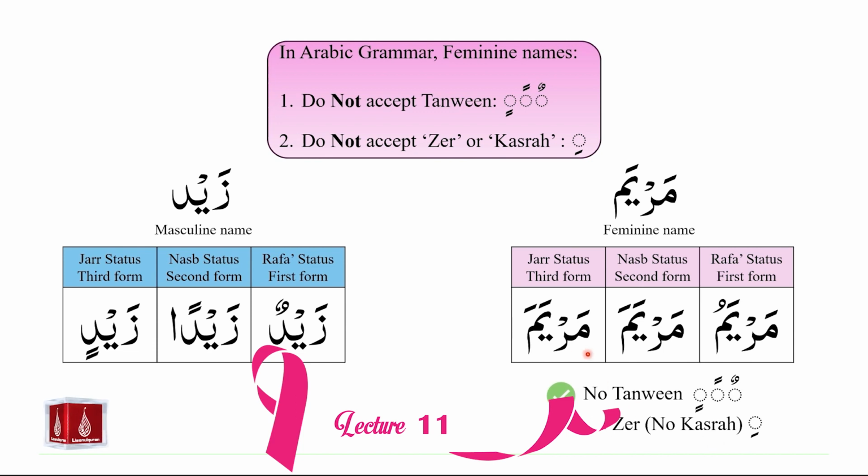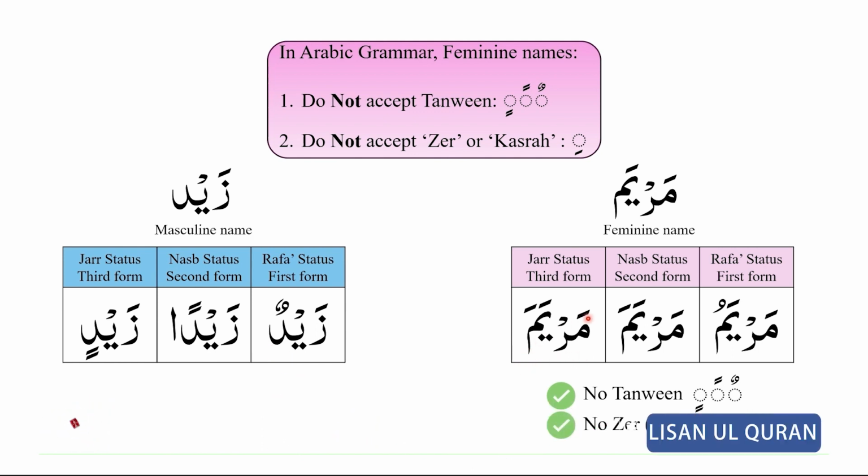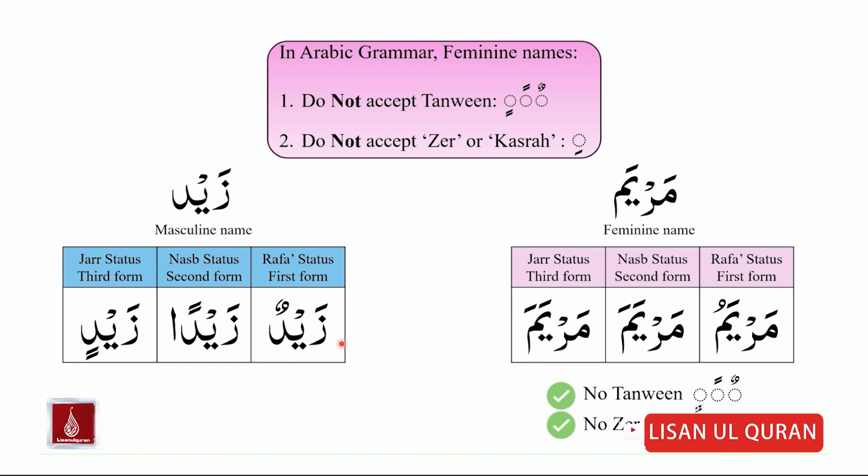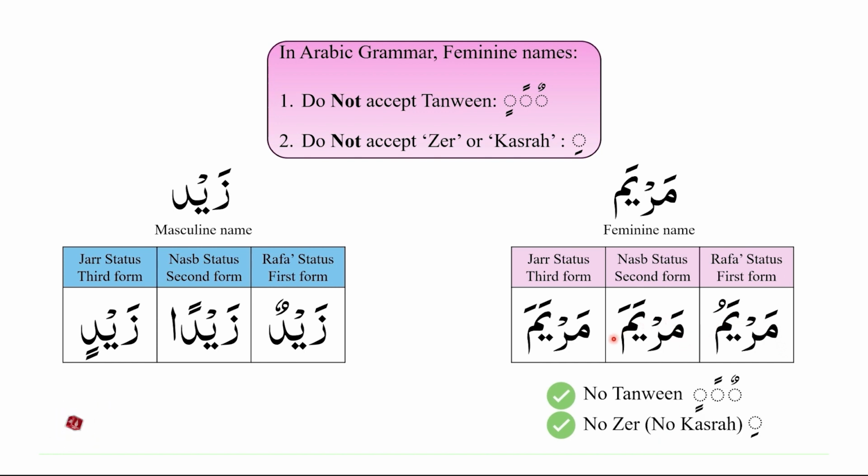So, rather than saying Maryami, we will go with Maryama. So the three forms of a masculine name such as Zaid are Zaidun, Zaidan, Zaidin. And for a feminine name such as Maryam, we have Maryamu, Maryama, Maryama.